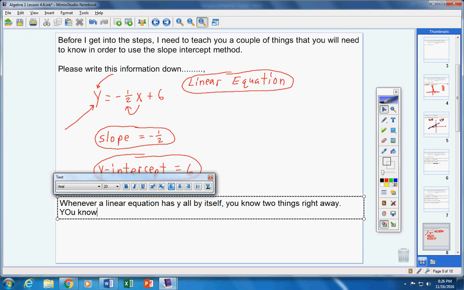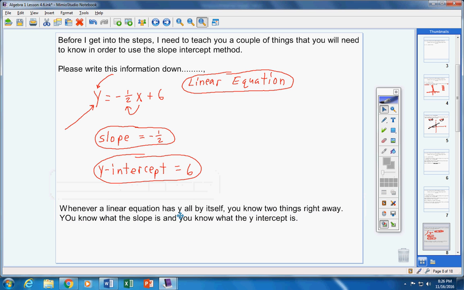You know what the slope is, and you know what the y-intercept is. Period. Please don't ever forget that, okay?